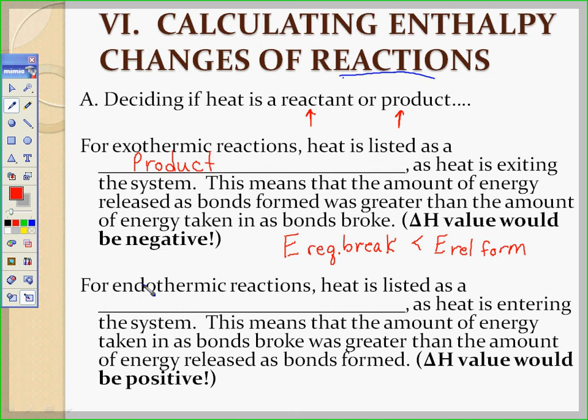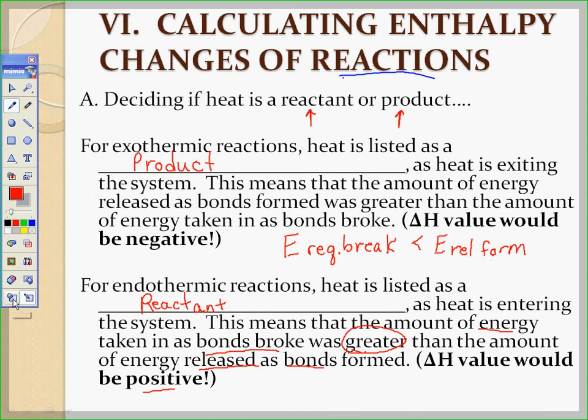For endothermic reactions, heat is listed as a reactant. And in this case, it means that the amount of energy required to break bonds is greater than that which is released as the bonds formed. So delta H is positive.